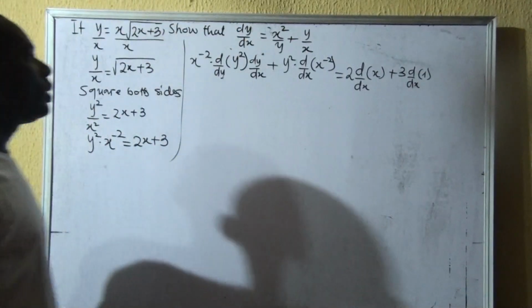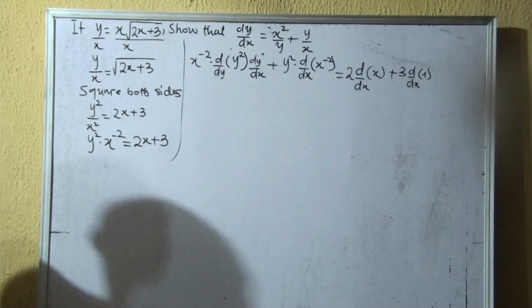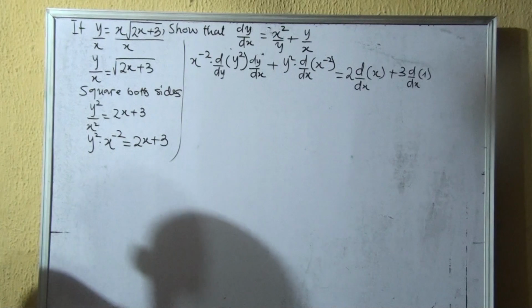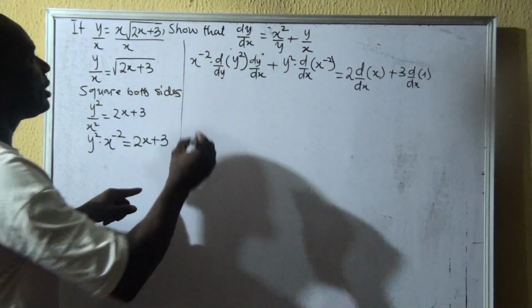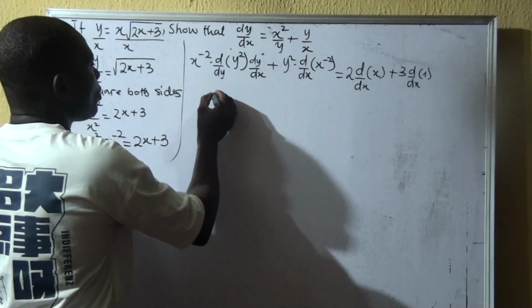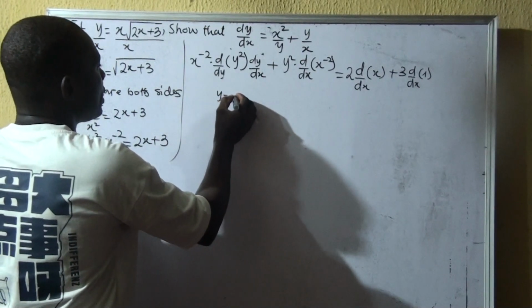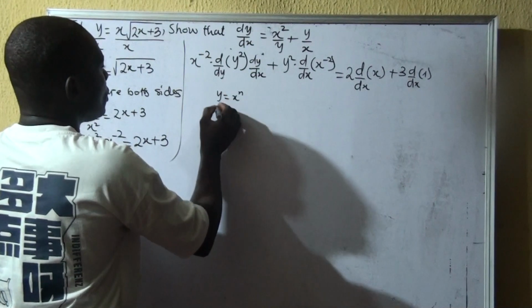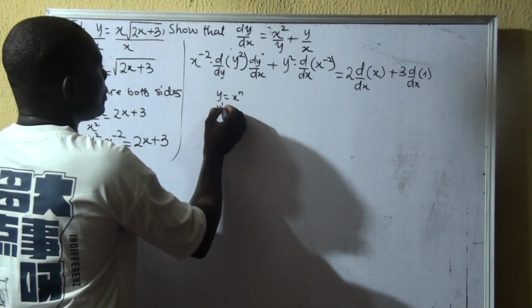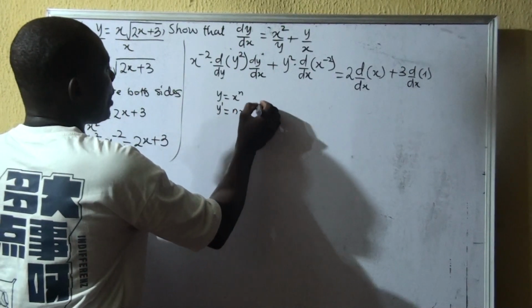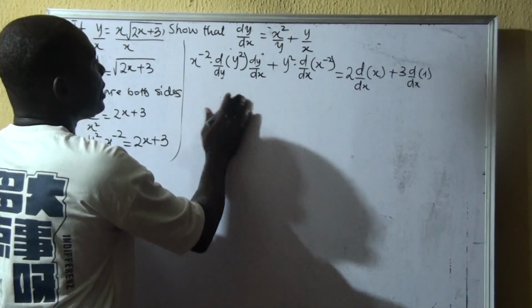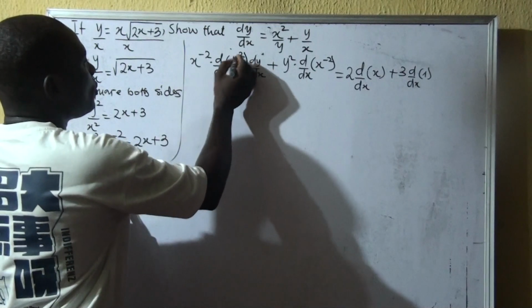Okay. So here, let's now arrange appropriately. If we differentiate y squared, from if y is equal to x raised to power n, differentiating gives n times x raised to power n minus 1. So if that is applied to this, it becomes 2y.